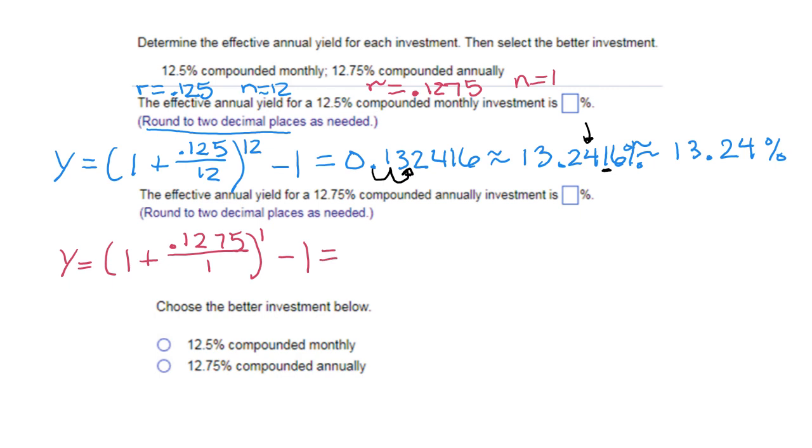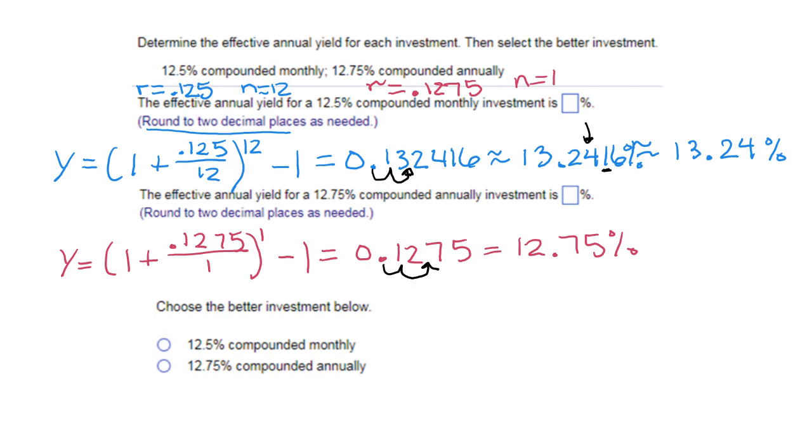So this one will turn out to be, in decimal form, 0.1275. Moving this into percent form, we're getting 12.75%.